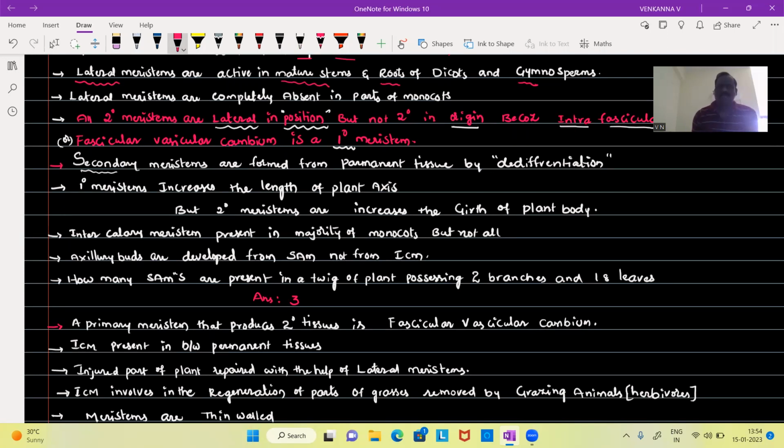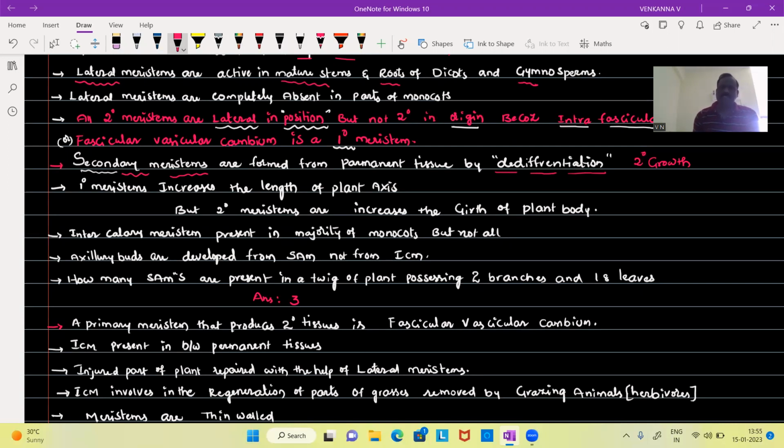All the secondary meristems are formed from permanent tissues by a process called de-differentiation at the time of secondary growth. At that time, the permanent tissues regain the capacity to divide and differentiate into secondary meristems.